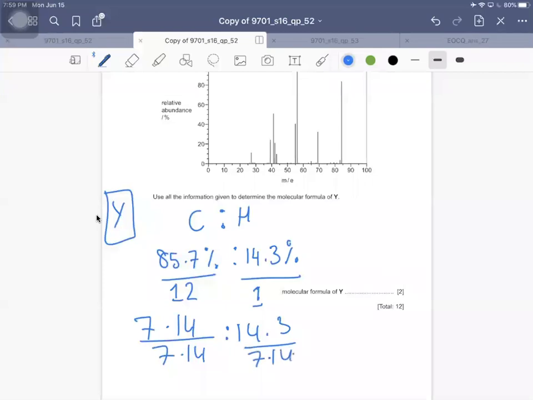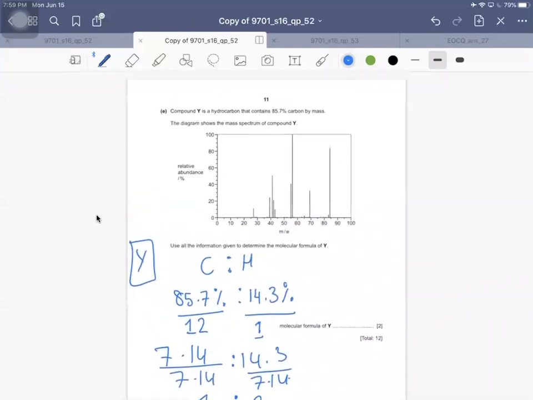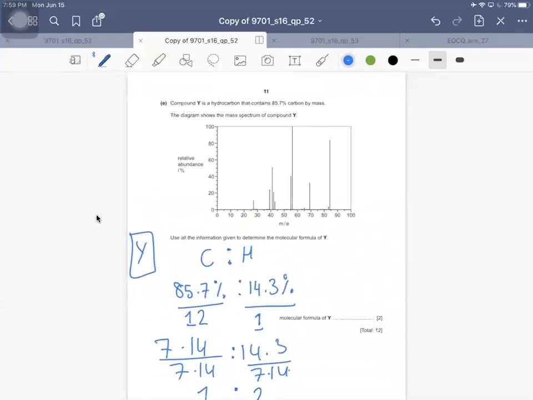Why do you want to divide this by the smaller number? Basically because you want to get a ratio of 1 out of something, and it turns out it's 1 out of 2. So it's CH2. Now this is only the empirical formula. You want to find the molecular formula. The molecular formula is the complete formula, the exact number of carbon and the exact number of hydrogen in the formula.